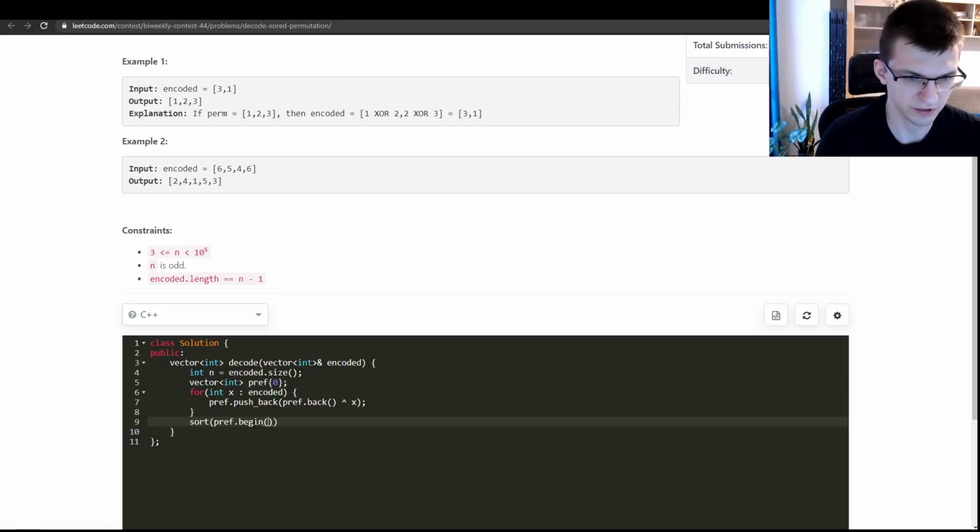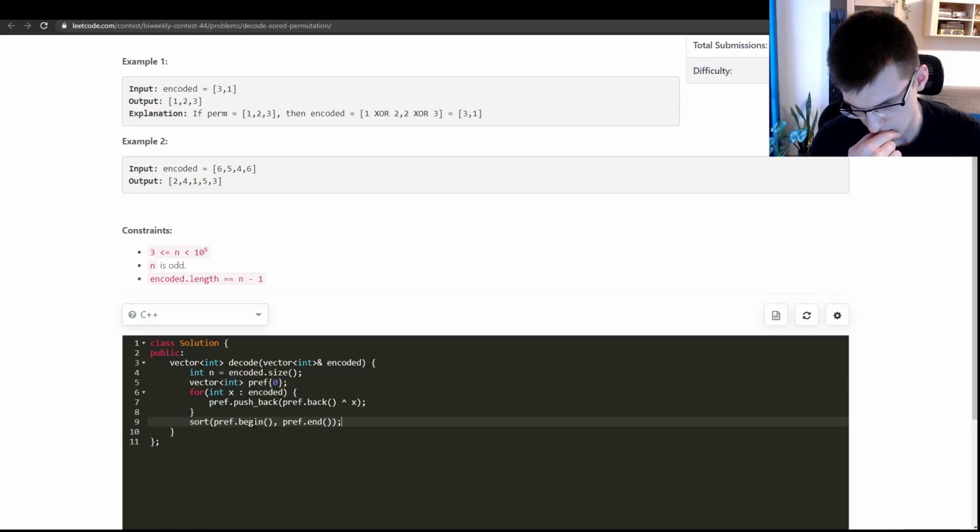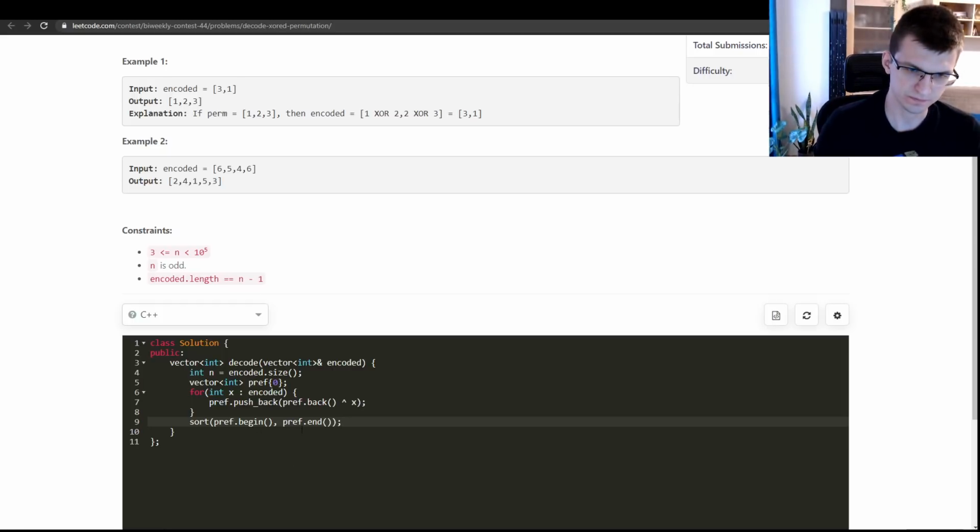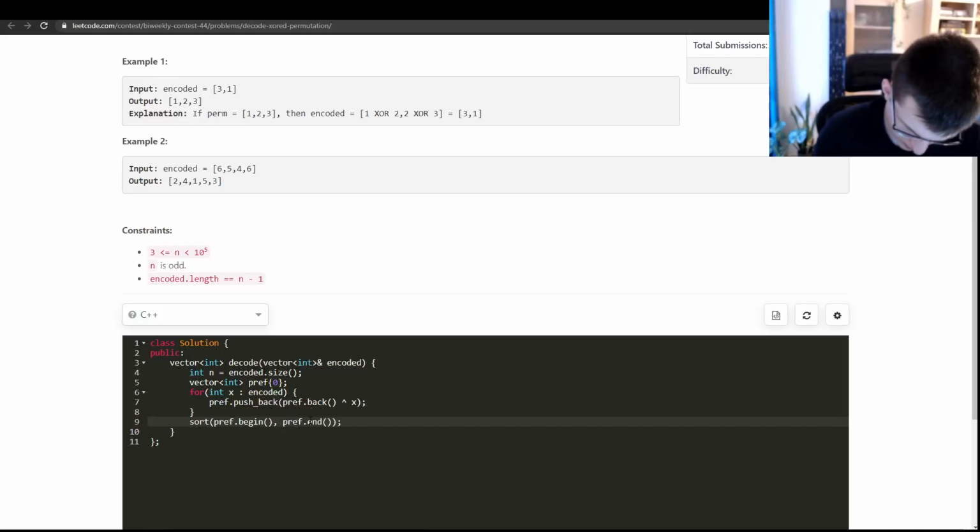I can sort this, why not? Maybe I can iterate over those values and each of them will tell me what is possible first value. Should I put it in try?